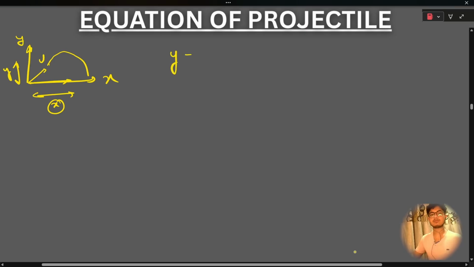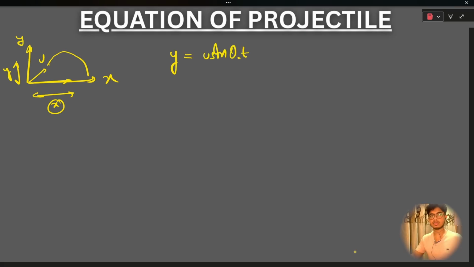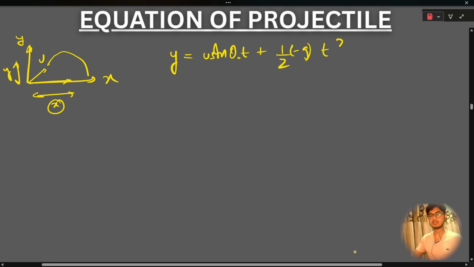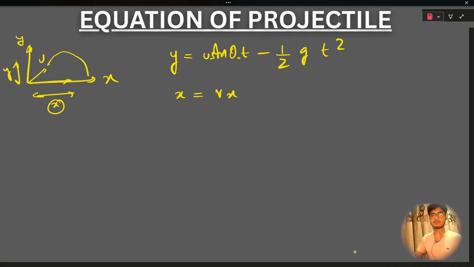So suppose displacement in y direction equal to u sin theta into t minus half g t square. And in the x direction, the displacement is Vx into t. We have already talked about this.